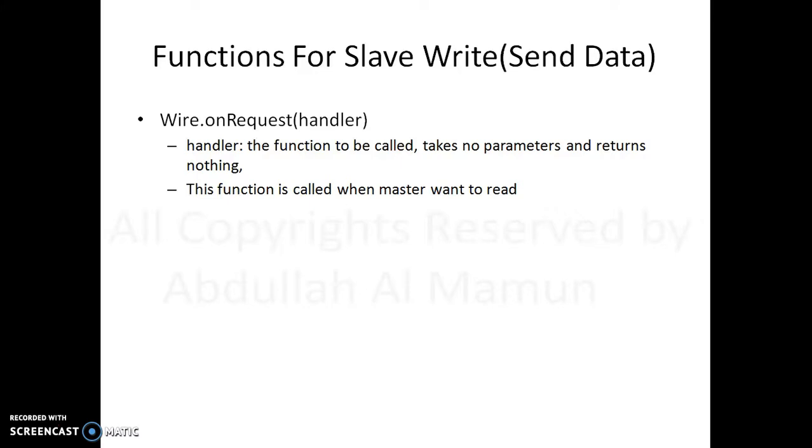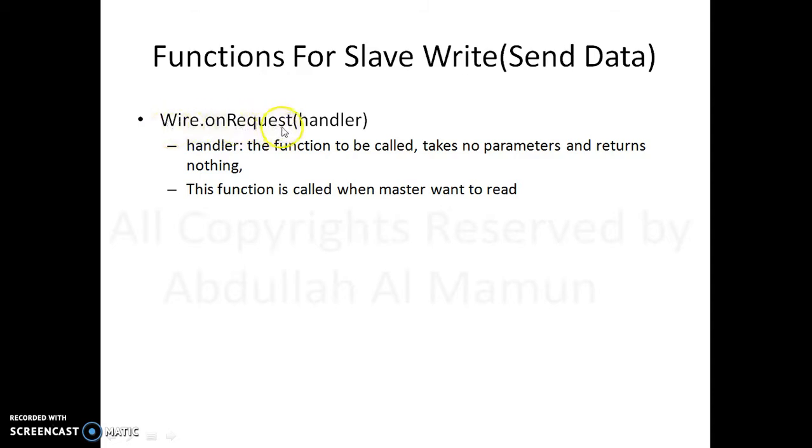Here, for the slave we have to use a function called Wire.onRequest. Through this function, when the master sends a request to the slave to read data from the slave, this function is used at that time.